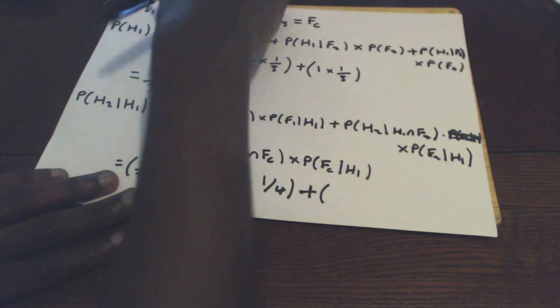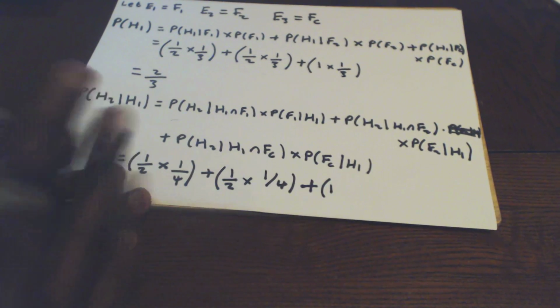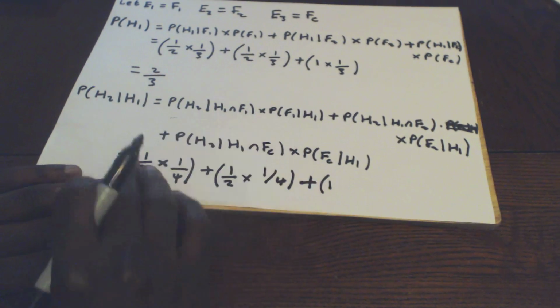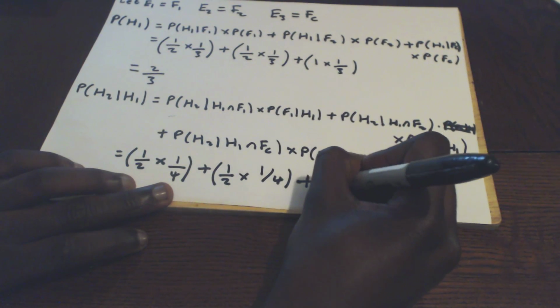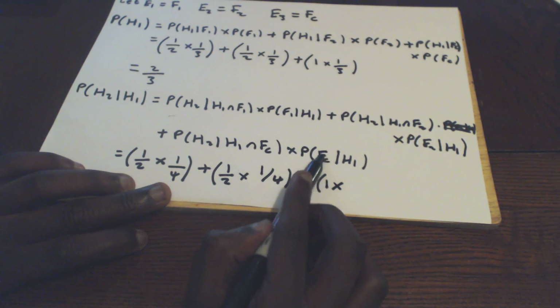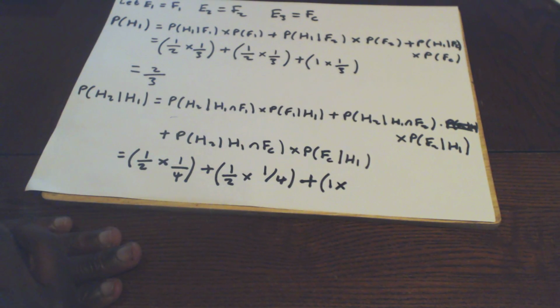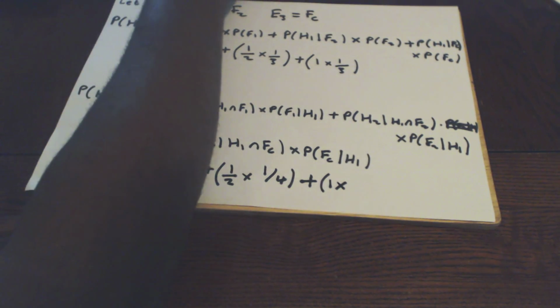So again, if you're tossing a second coin and it's unfair, that's going to be 1 also. So obviously the unfair coin has heads on both sides, right? And so we're timesing by the probability that it's the unfair coin given that you got a heads. So now we need to find out the probability of the unfair coin given that you got a heads.